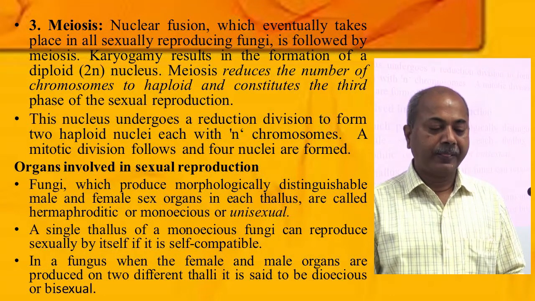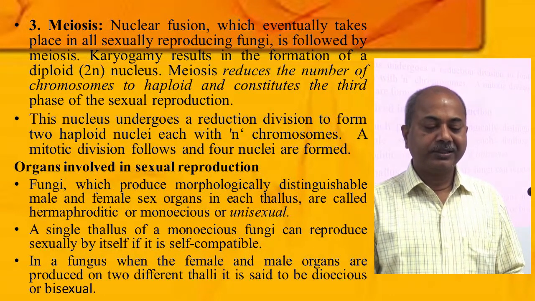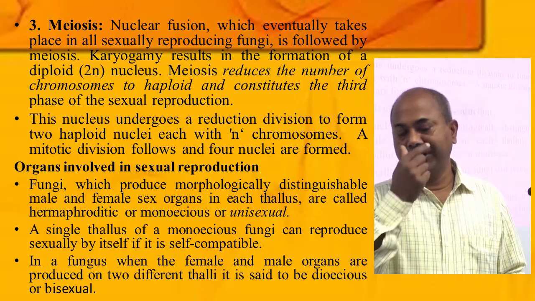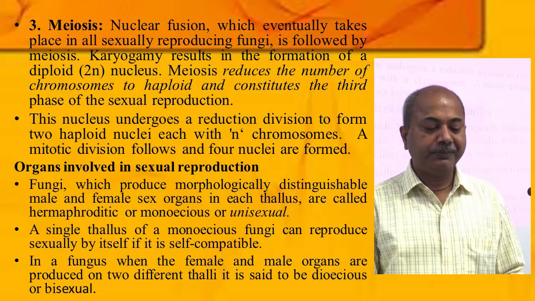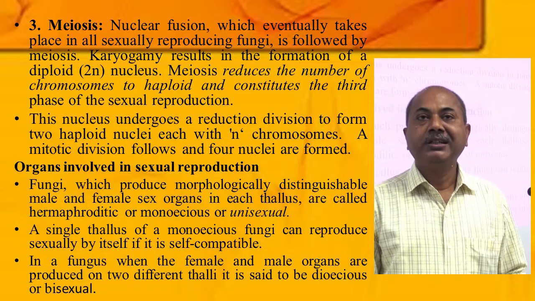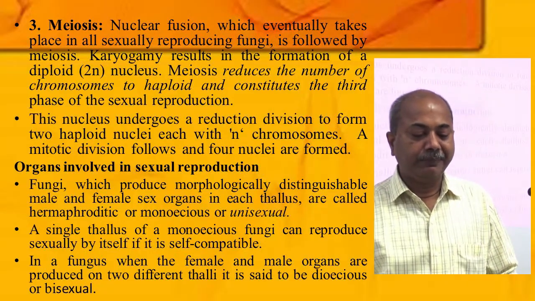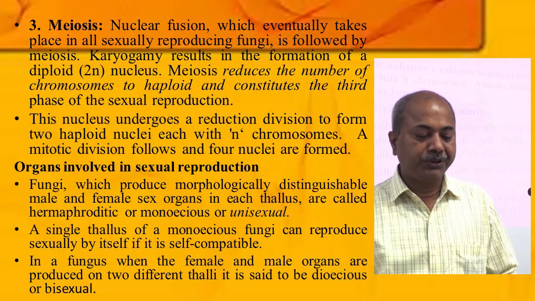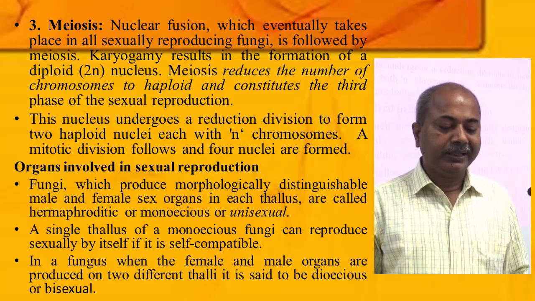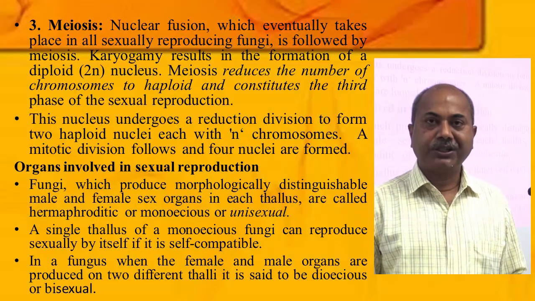A single thallus of a monoecious fungus can reproduce sexually by itself if it is self-compatible. And when the male and female organs are produced on two different thalli, the fungus is said to be dioecious or bisexual.